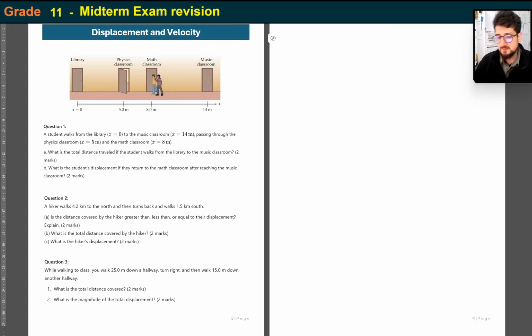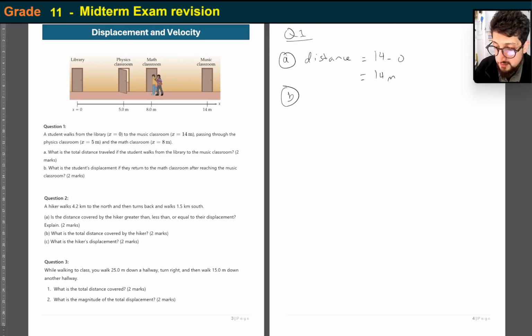So really, the answer is quite simple. It's going to be 14 meters, right? There's nothing to it. All you have to do is distance equals 14 minus 0, which equals 14 meters. Part B, okay, and that's Q1, obviously.